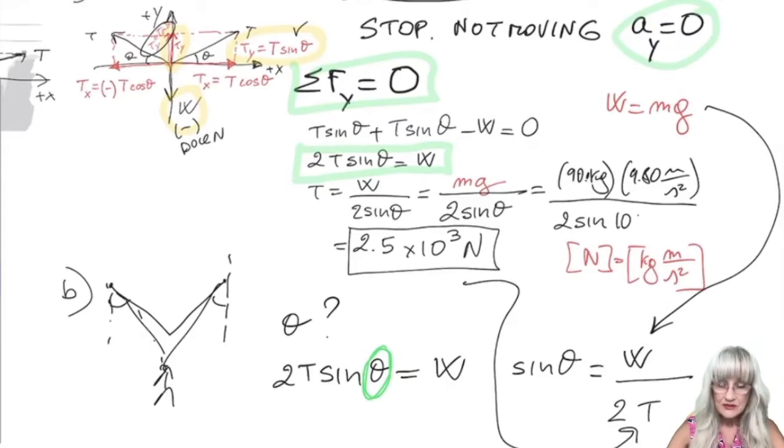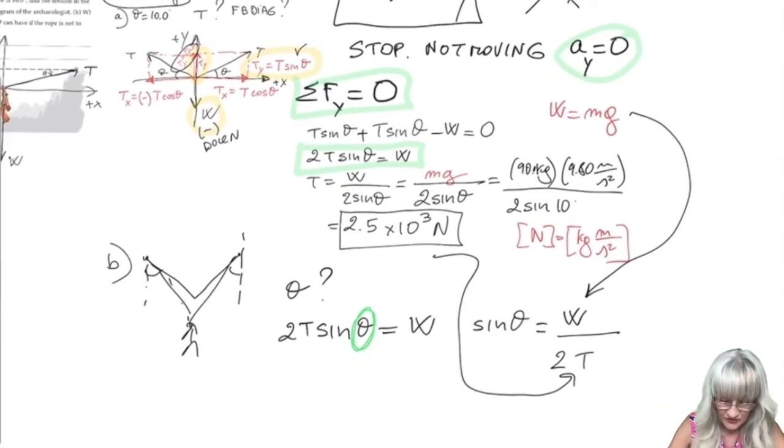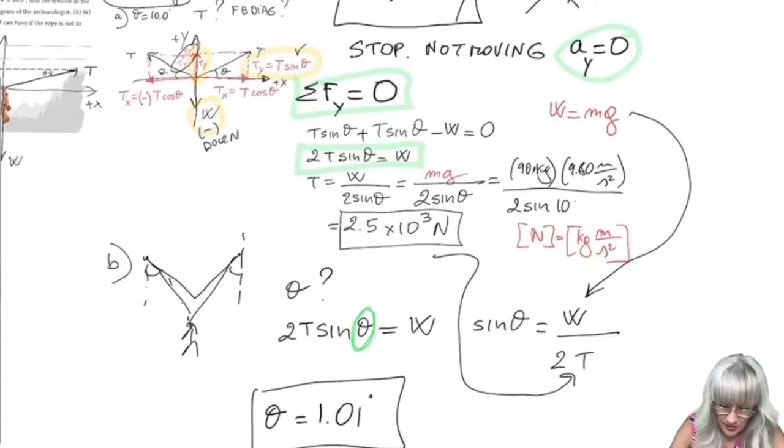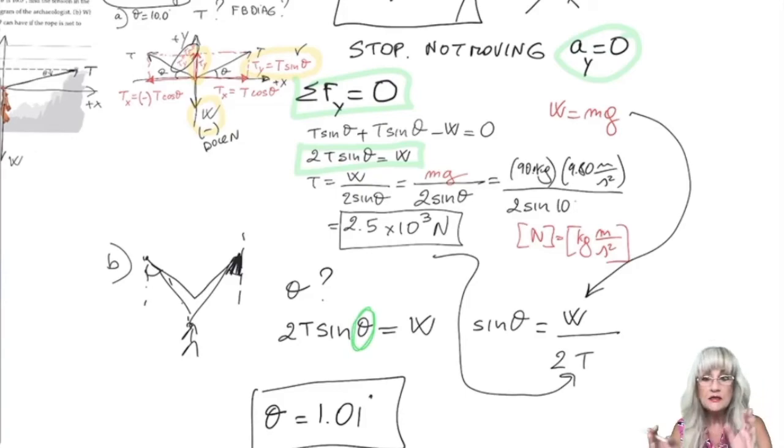So I'm going to do the inverse of the sine to find an angle of 0.01 degrees. So it's a small angle, so it will be safe until this angle is like 1 degree. After that, it will really be dangerous and will break.